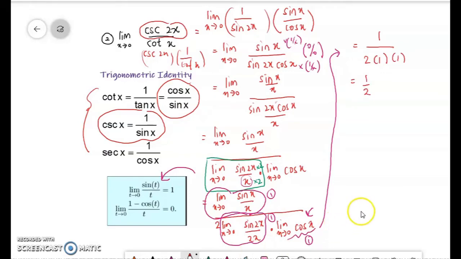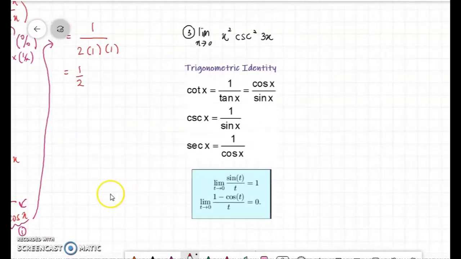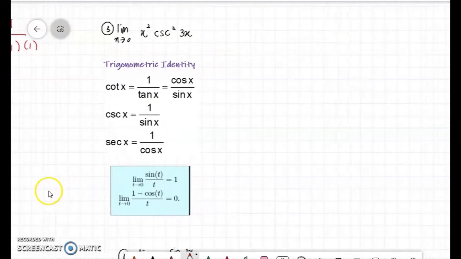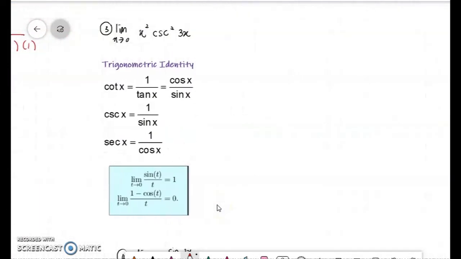Now look at another example. You have the limit as x approaches 0 of x squared cosecant squared 3x. As in the previous example, what you can do is change the cosecant.